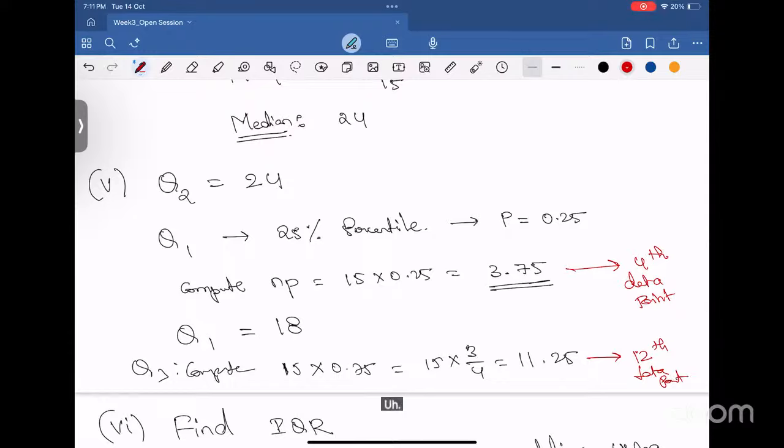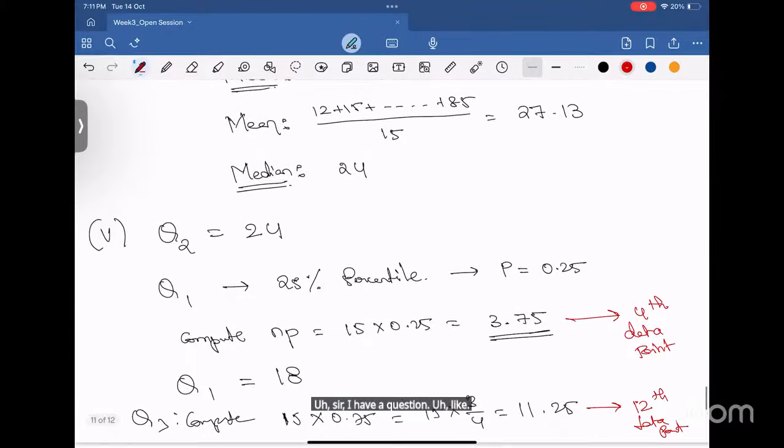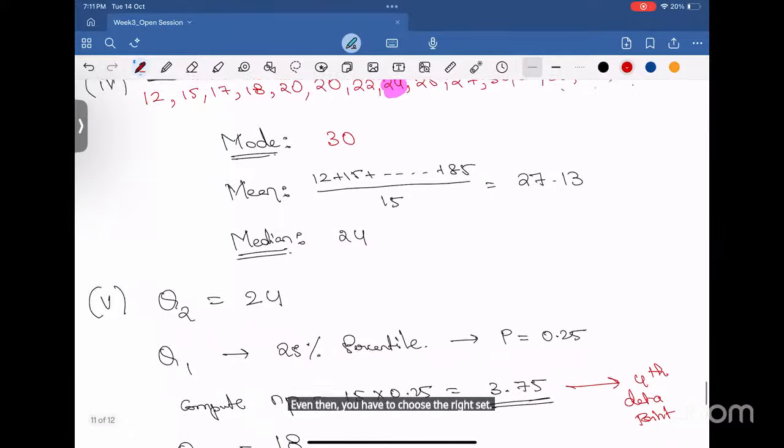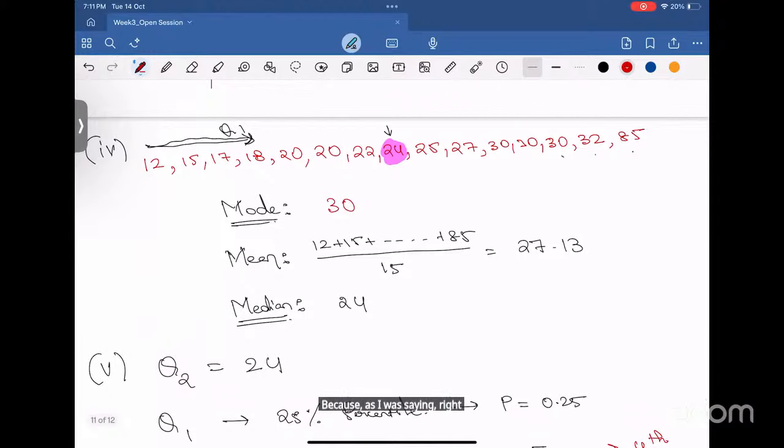Sir, I have a question. If we get 11.01 as the value, even then you have to choose the right side? Yes, because as I was saying, with 11.01 the data point will be the one with which 75 percent of the data is lesser than that.